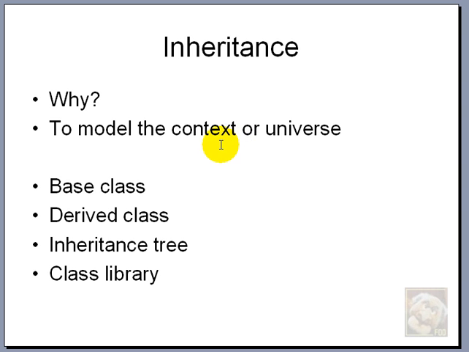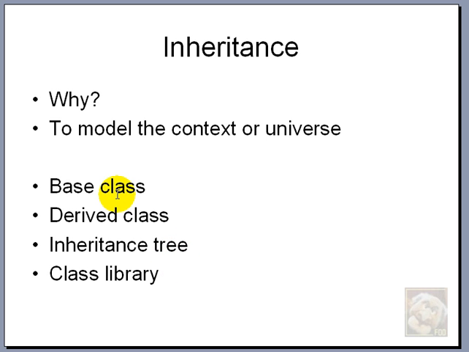First, we would need to give an example, and for that purpose we will provide our first three concepts. The first concepts are base class, derived class, and inheritance tree. Class library will be left for the next video, will be the implementation example of the theory hereby shown.